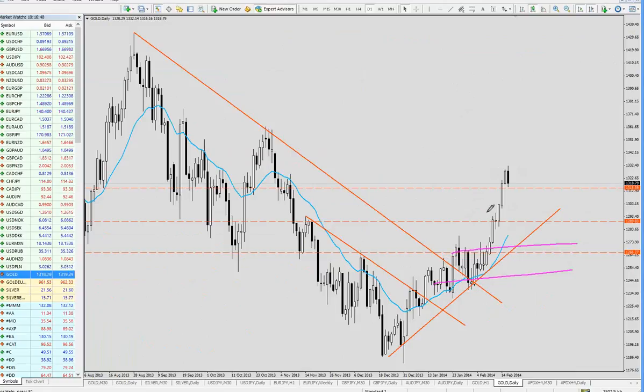Our target of 1,320 has been easily reached. What now? We are at the resistance. Those stops here are done already. So maybe there is going to be a chance to sell short.